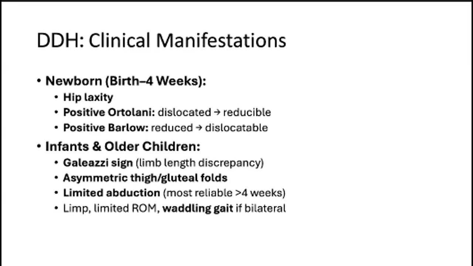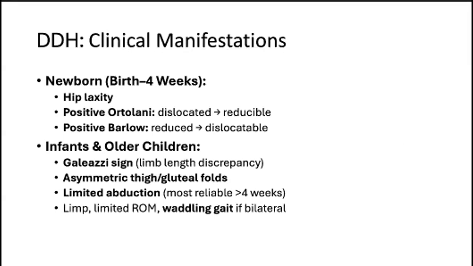Clinical manifestations. So newborn period, which would be birth to 4 weeks. Primary signs are hip joint laxity. And we can see a positive Ortolani sign, which is hips dislocate but reduce. So with a hip adduction and anterior pressure, the femoral head slips forward into the acetabulum, and we might hear or feel a clunk.